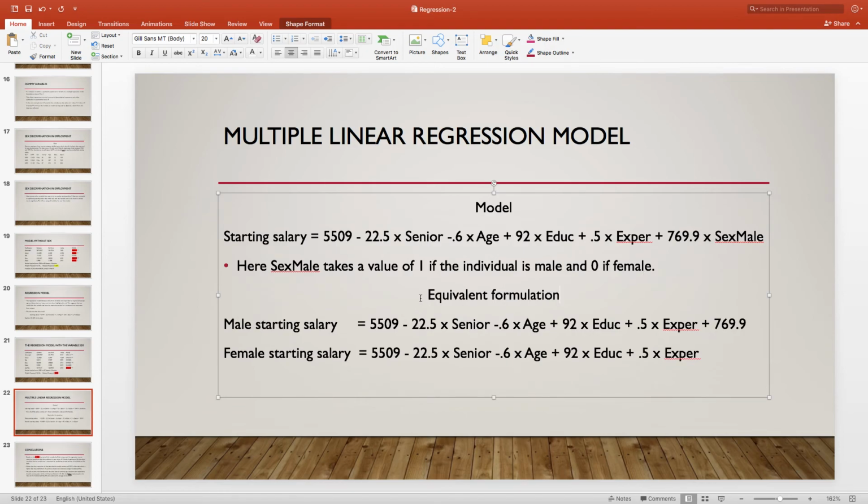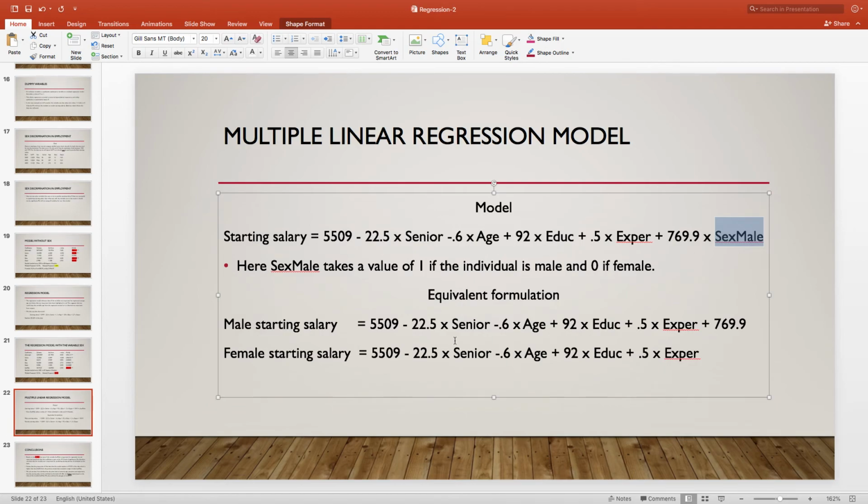And here's an equivalent formulation. We really have two equations in one. It says that the male starting salary is given by this. I just plug in that they're male, and I keep all of these things the same, but now I plug in a 1 for that value, so I have plus 769. If I'm a female, my equation for starting salary is this, and I plug in a 0 for sex male, so I just leave it off.